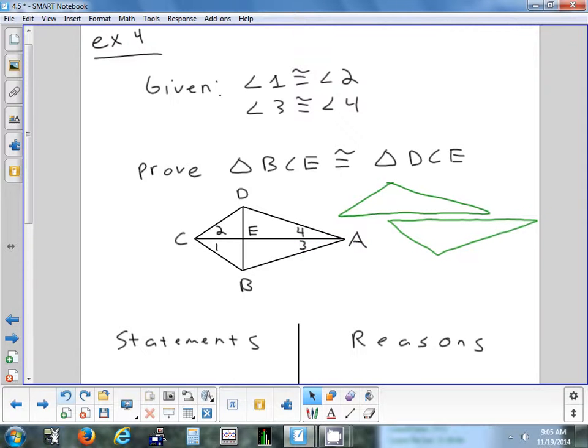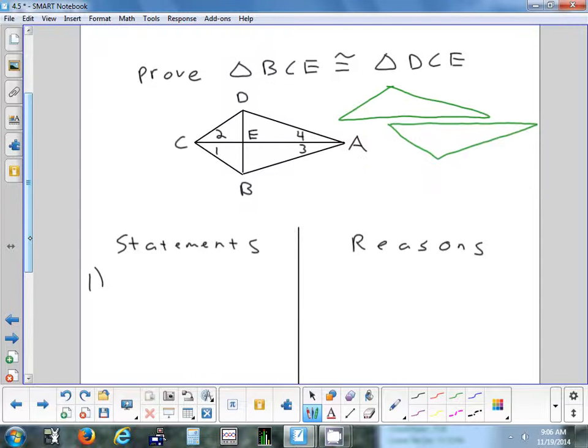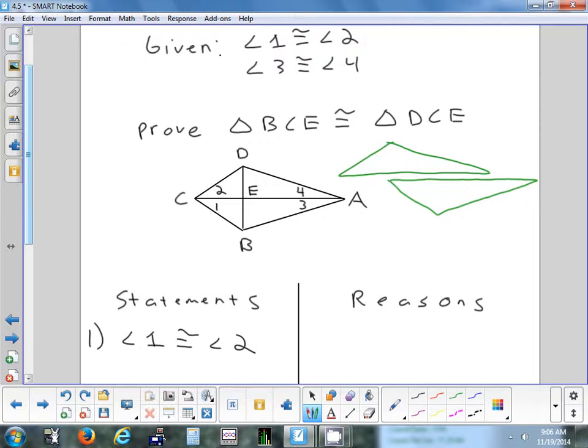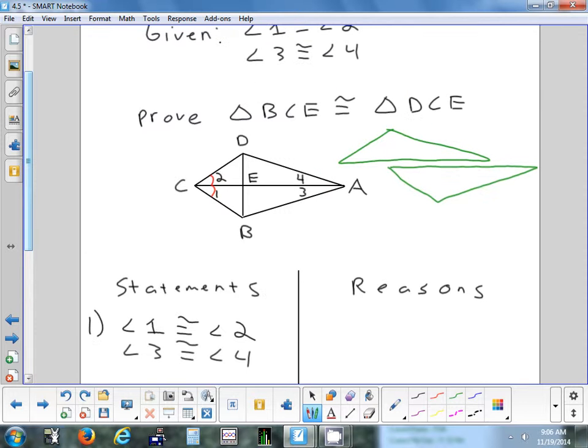All right, so we know that a couple of things are given. Let's write them down. Angles 1 and 2 are congruent, so angle 1 matches angle 2. Angles 3 and 4 are congruent, so angle 3 matches angle 4. What's the reason for both those statements?